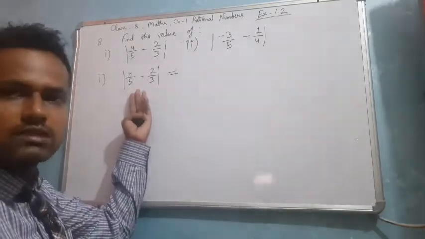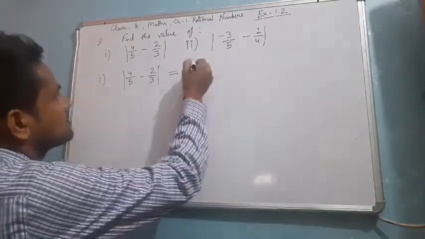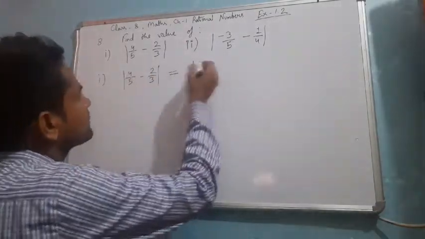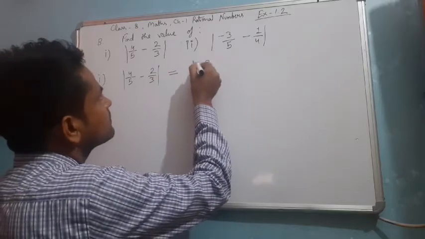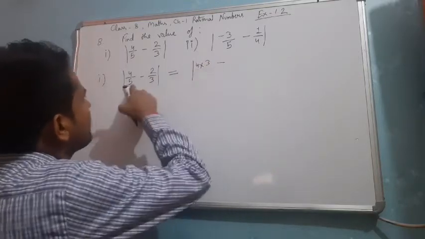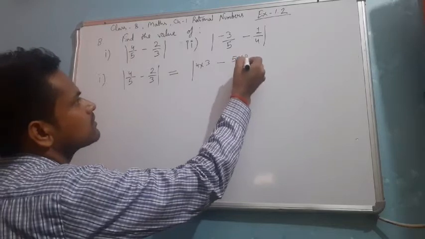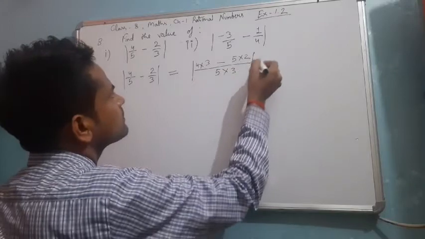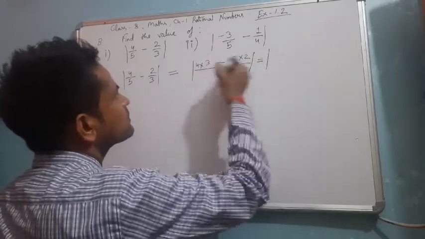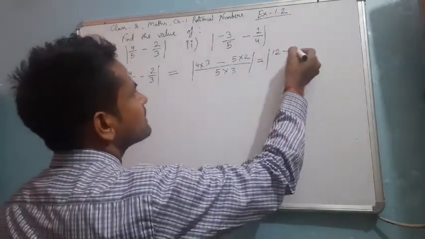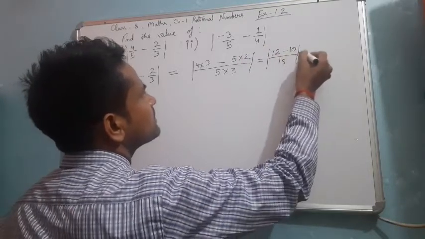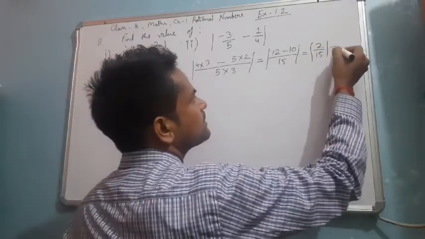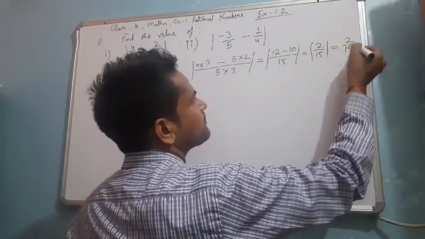You have to cross multiply: 4 into 3 minus 5 into 2, whole upon 5 into 3. It means 4 3s are 12, 5 2s are 10 and 5 3s are 15. That is 2 by 15, and mod of 2 by 15 is 2 by 15. That is the answer.